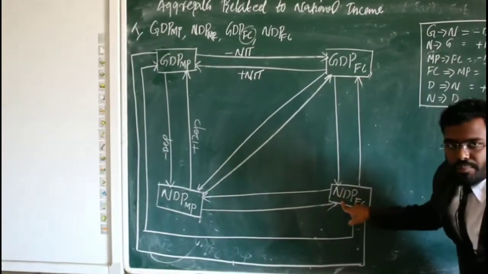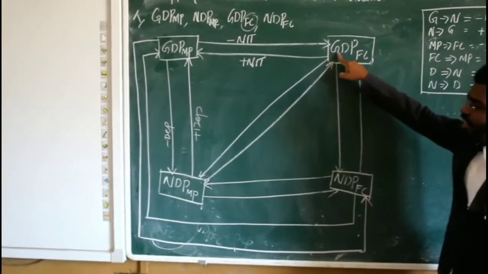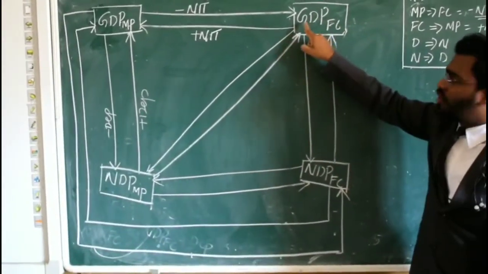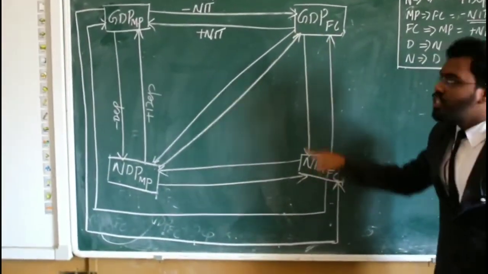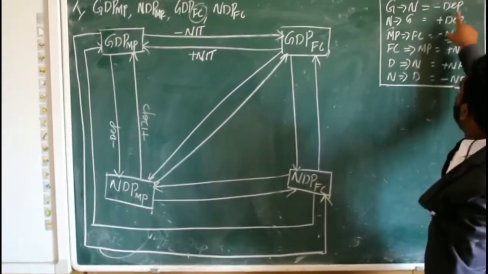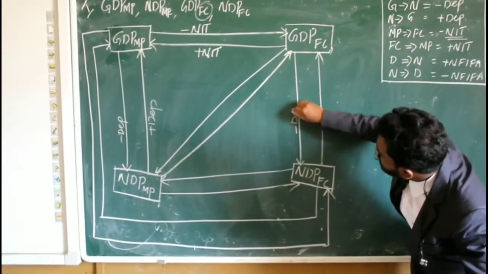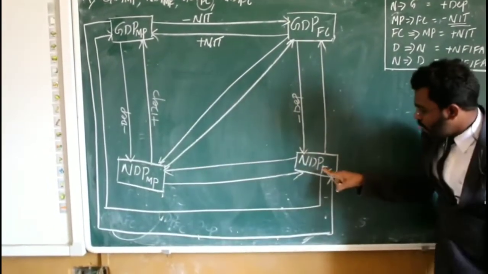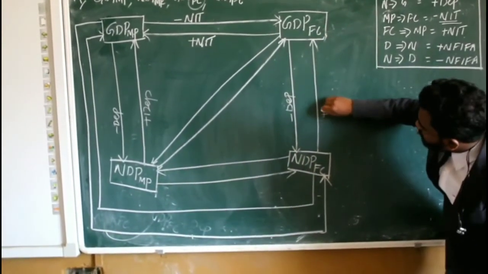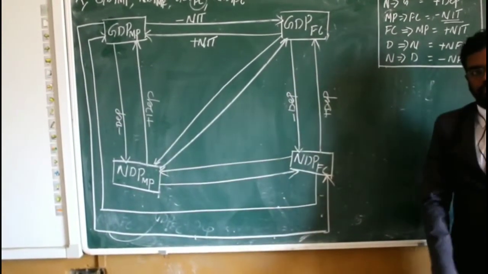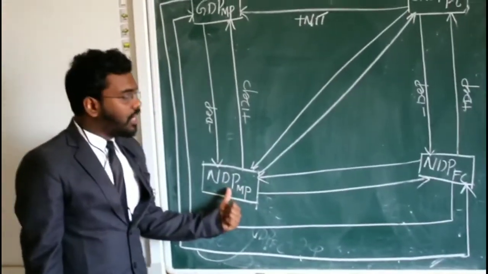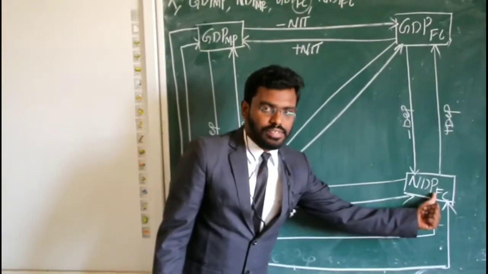Next one, GDP-FC into NDP-FC. Here all things are common, the change is only G into N. So how can we convert gross into net? By subtracting depreciation. So minus depreciation. Then NDP-FC into GDP-FC. How? Plus depreciation. Next, NDP-MP into NDP-FC.